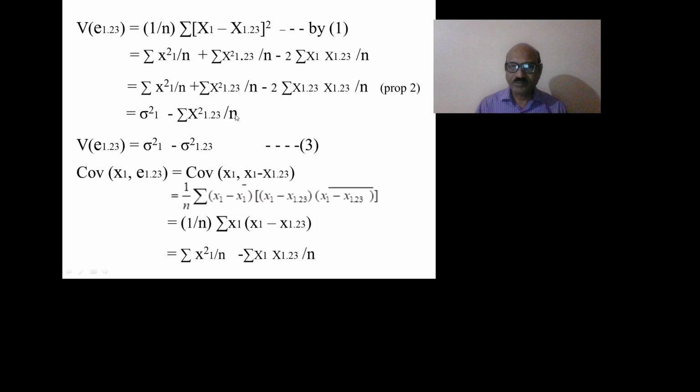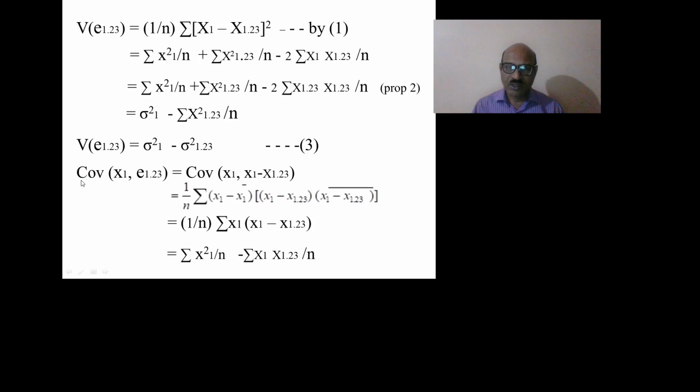So this is summation of x1.23 minus its mean, x1.23 bar, whole square, and that x1.23 bar is 0. Therefore we get only this as the variance of the residual. So the expression for the variance of E1.23 is equal to sigma 1 square minus sigma 1.23 square. That is the third expression.